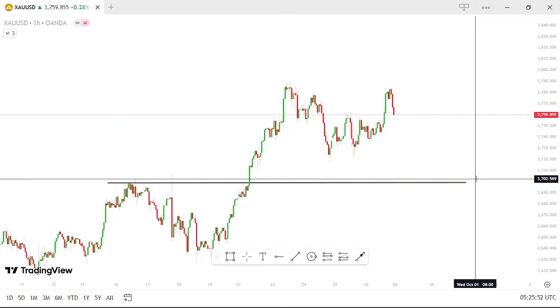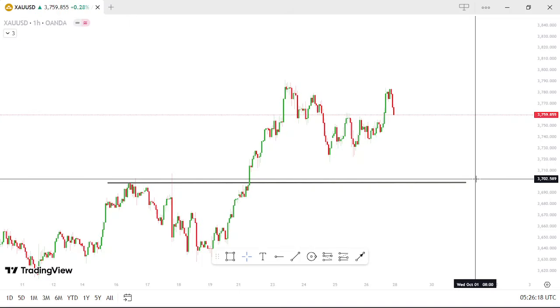That is the only time you start looking for entries. Or you're waiting for price to break the higher highs and higher lows and start making lower lows and lower highs. That is the only time you start to look for entries. You don't look for entries until this is done.